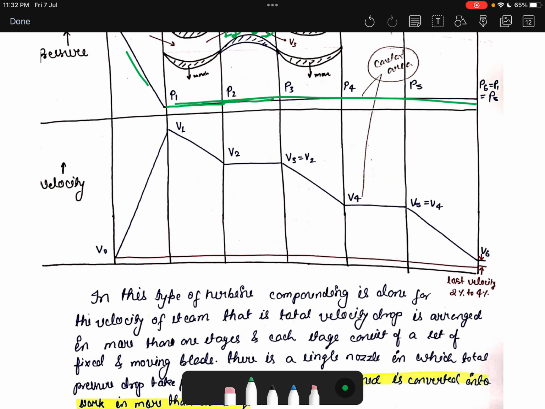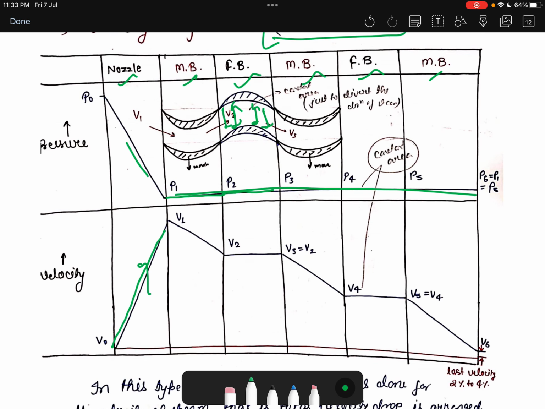In the velocity, we can see that from the nozzle, first velocity increases, and we know that in the moving blade, because it is moving, the velocity decreases. But in the fixed blade, why will the velocity change? No change, because the cross-sectional area is the same, so velocity remains constant. But again in the moving blade, velocity drops, and then in the fixed blade velocity is constant, and then velocity drops. So this is the velocity compounding, in which we use a set of moving blades and fixed blades.